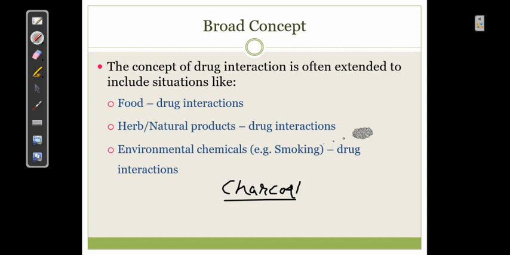If it is the burnt part of the meat, or in a vegetarian barbecue also, there may be some presence of charcoal, and it could have a very good effect on adsorption, right? It is used also for that purpose.